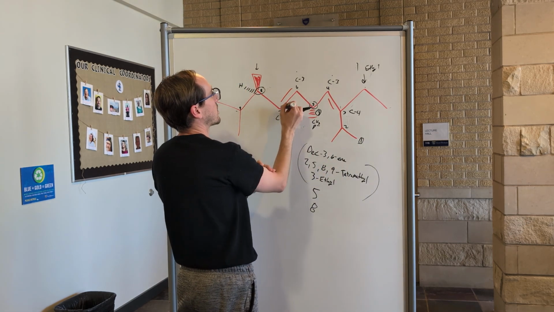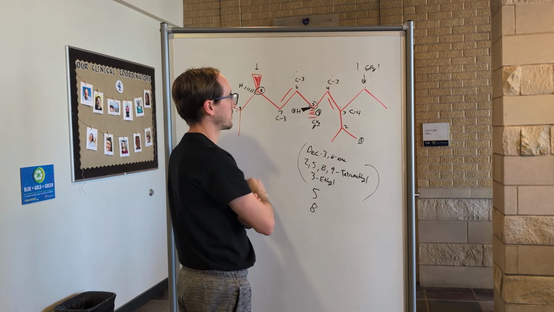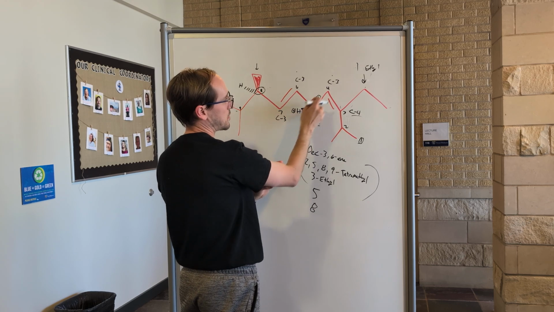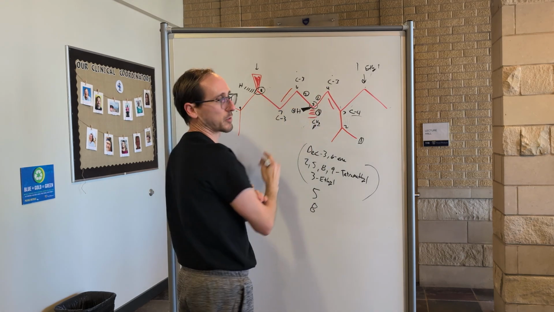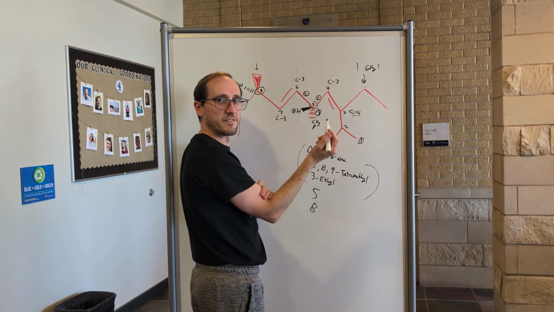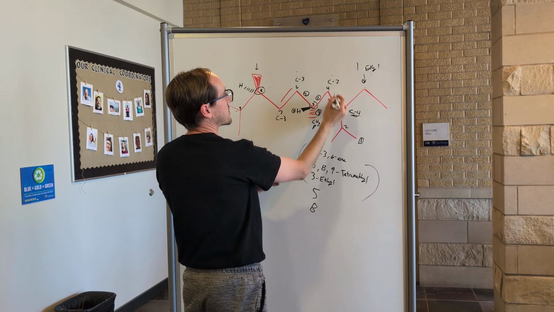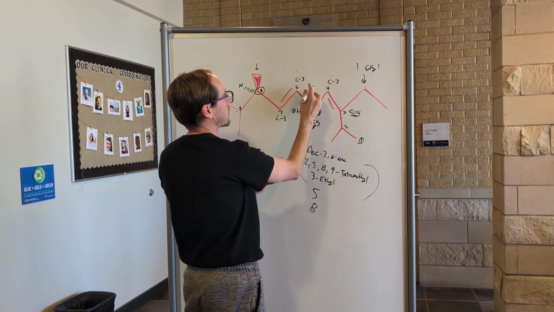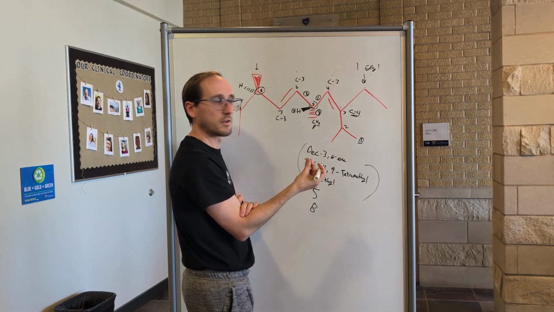This carbon has 1, 2, 3 things bound to it. So this one has more things bound to it, so that makes this bond here priority number 1, which makes this automatically priority number 2. So this one has 4, so that makes this priority number 1. This one is automatically priority number 2 because we already determined 3 and 4.